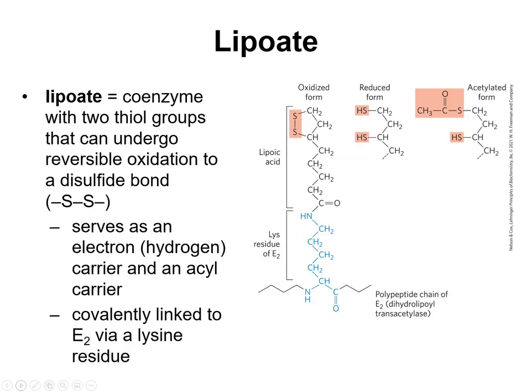Now I'll introduce another coenzyme, and that's lipoate. It's got two thiol groups that can undergo reversible oxidation, so they can form a disulfide bond. Think about two cysteines in a protein and how they can form a disulfide bond. It's the same thing with this coenzyme. So the oxidized form is here, and the reduced form is here, where you have two thiol groups.